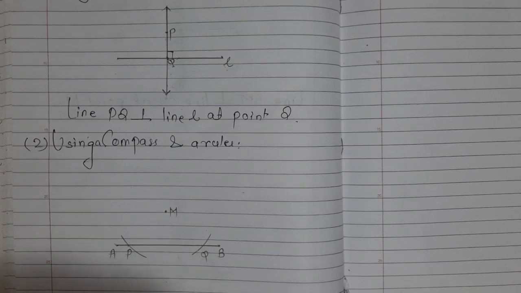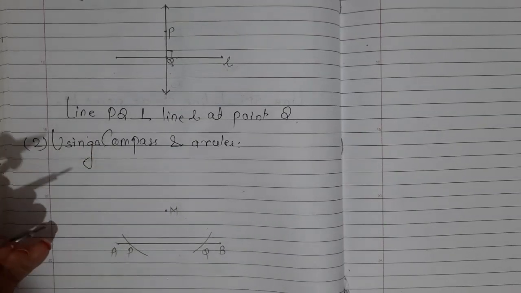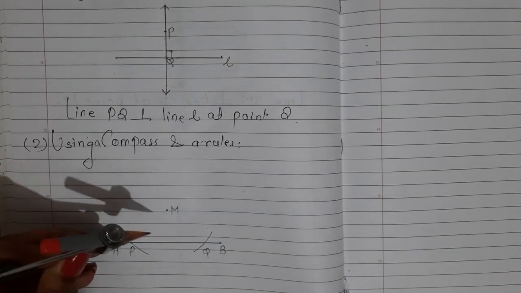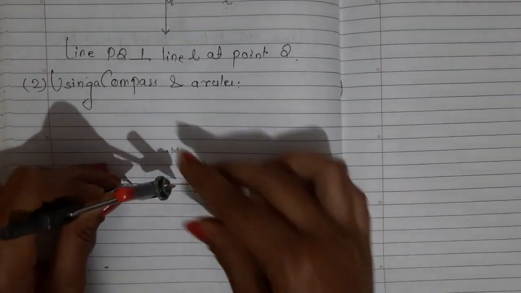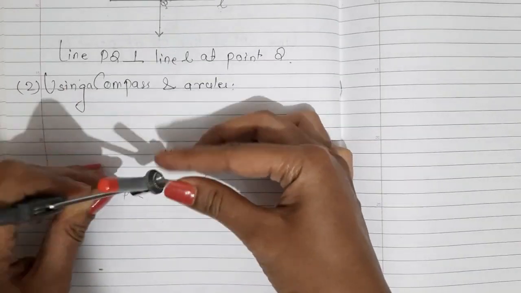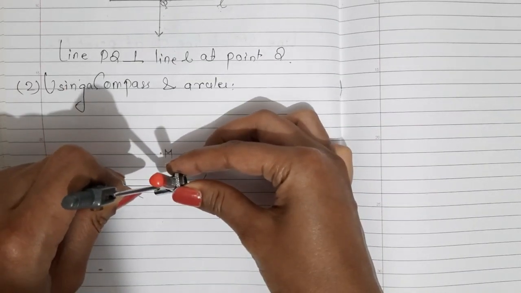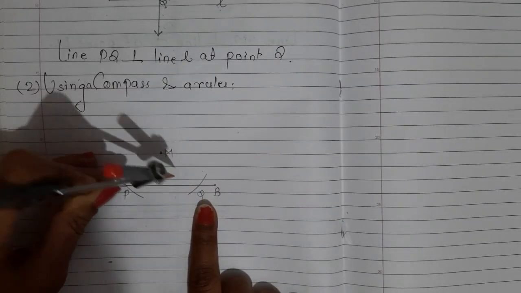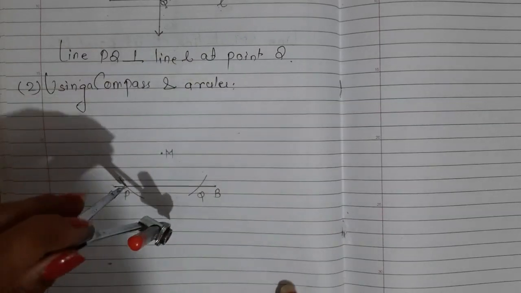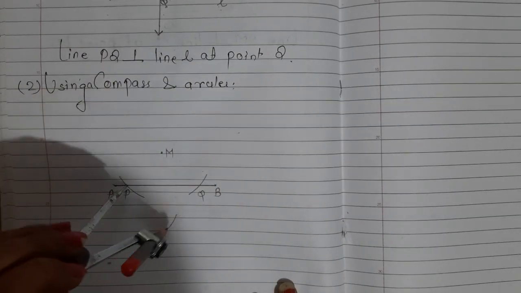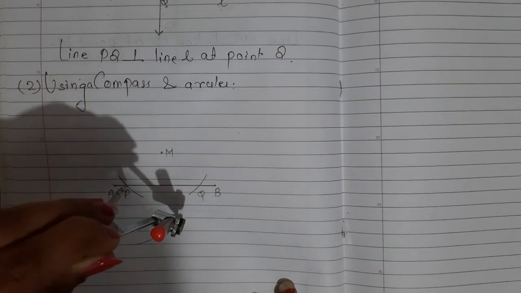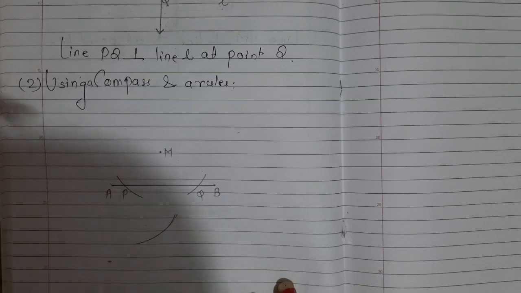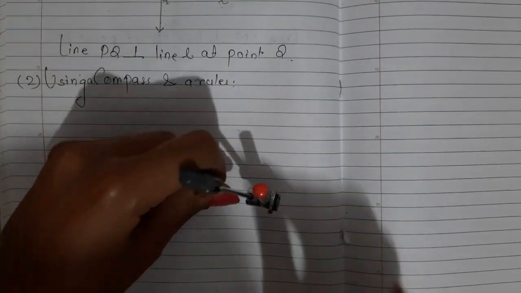Then again, with the help of a compass, I will keep the center of my compass on point P like this. Then by taking a distance of more than half of PQ, I will draw an arc at the lower side of this line AB.